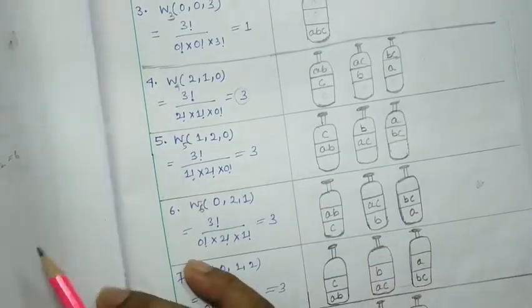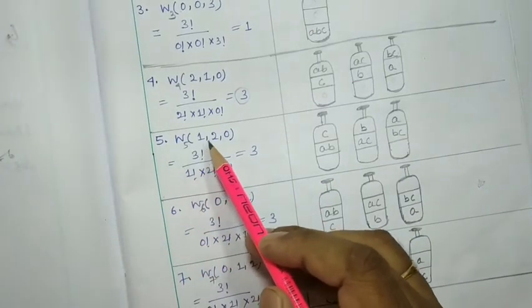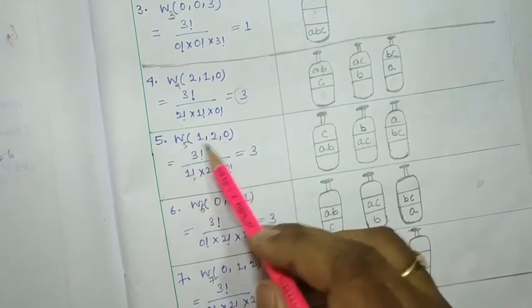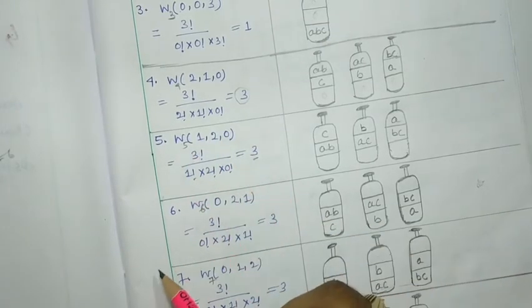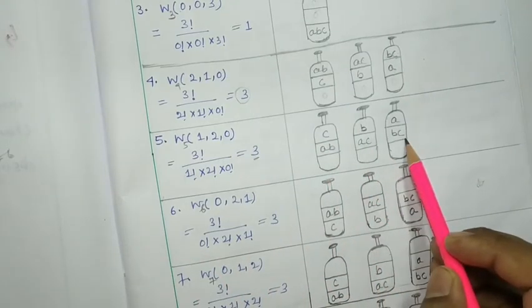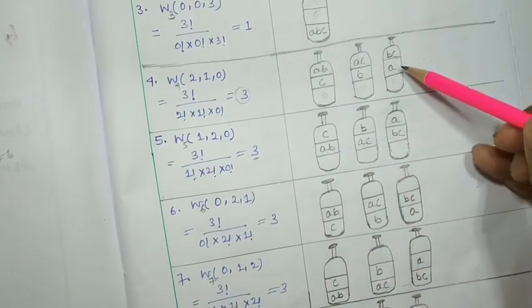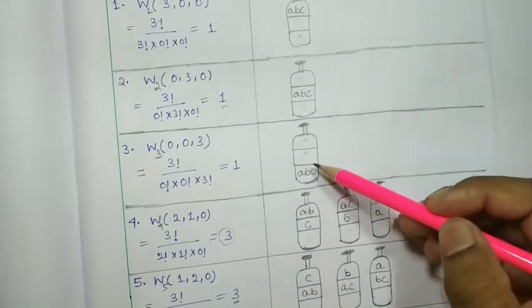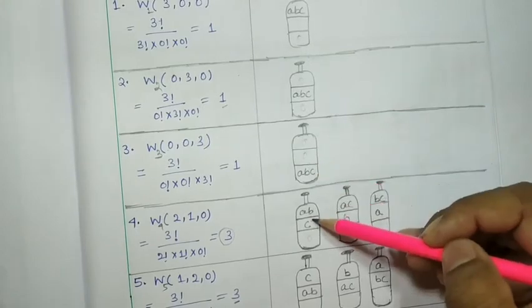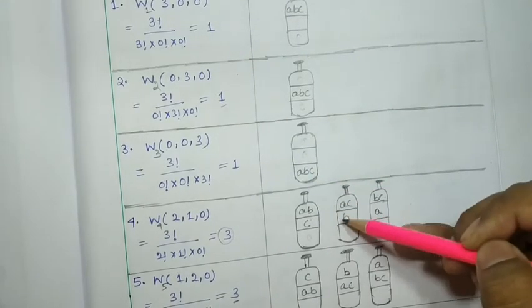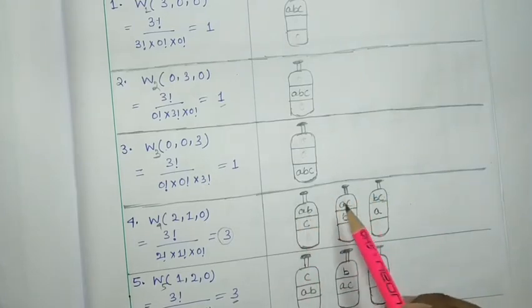Similarly, if you consider W5, another macrostate, that is 120, then for this macrostate also we are going to get 3 microstates. The spreadness of this one and this one is the same, but if I compare the spreadness of this and this, it is larger than this one.